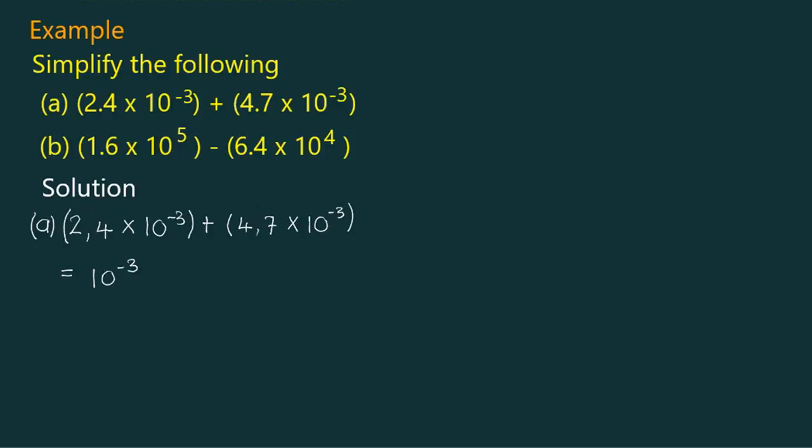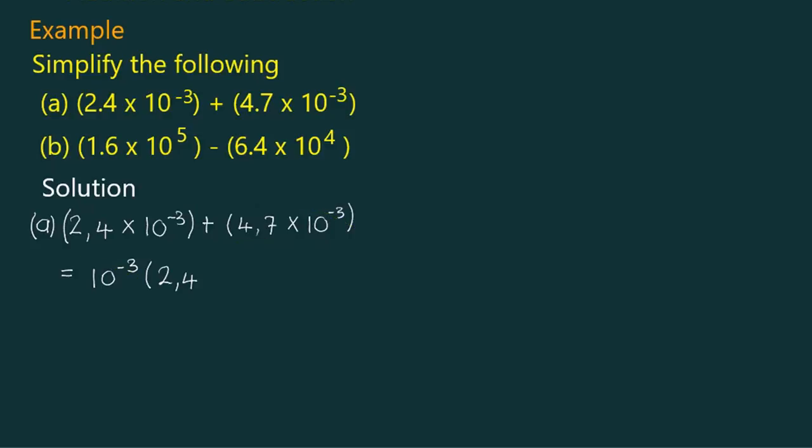If we divide 10 to the power of negative 3 into this number here, 10 to the power of negative 3 will cancel out, and we'll be left with only 2.4. And if we divide 10 to the power of negative 3 into this number here, it will cancel out, so that we are left with 4.7.